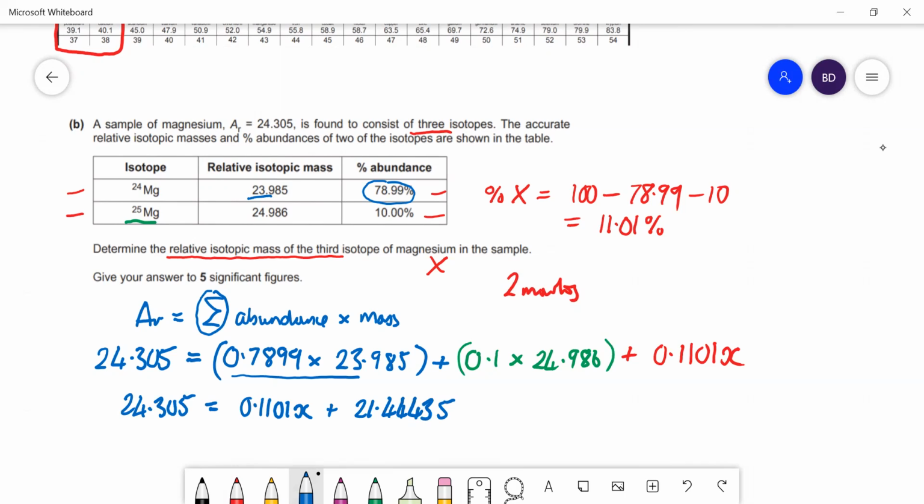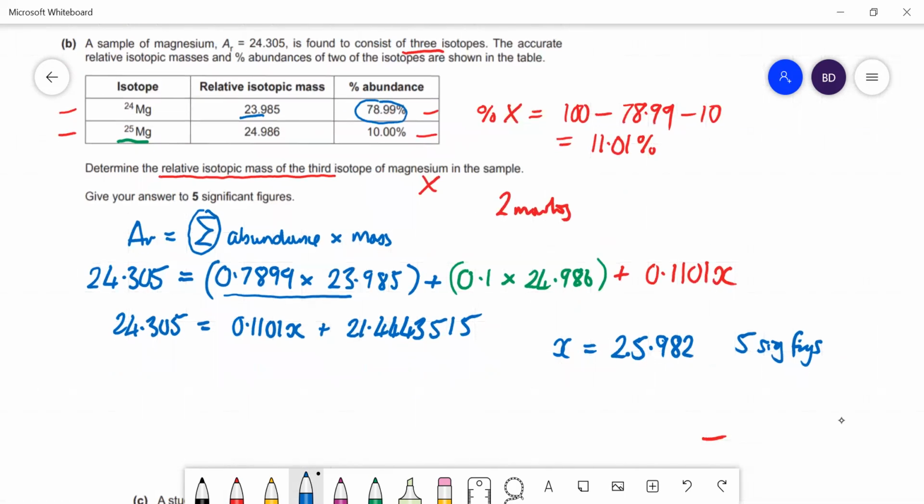I'd leave those numbers in your calculator because it does ask for 5 significant figures. Solve that for X, and X is equal to 25.982, which is to 5 sig figs, as it asks for. So it's not really a very difficult question. We just have to be careful because there are a lot of long strings of numbers.